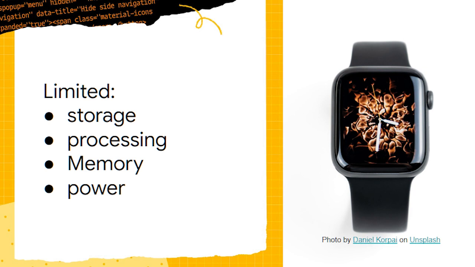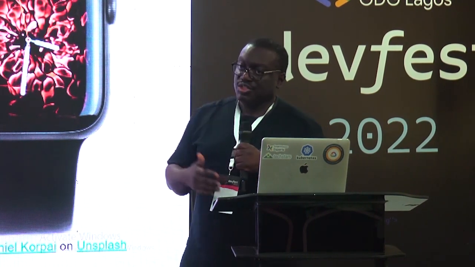And to cap it all up, and this is both a constraint but also a benefit, is that they don't consume a lot of power, right? So just imagine trying to run a laptop for a whole day on the battery that you have in a watch. It's just not going to work, right? It might not even run for 5 minutes.